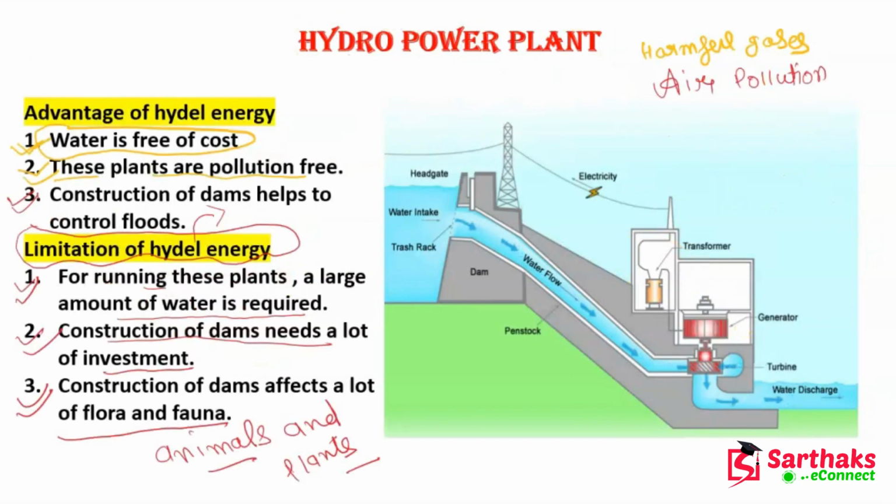If I talk about the advantages, water is free of cost, it is pollution free, and construction of dams also controls floods. But of course there are some limitations as well. The first limitation is that running these plants requires lots of water, and construction of dams requires a high amount of money, a lot of investment, and it will also affect the animals and plants.